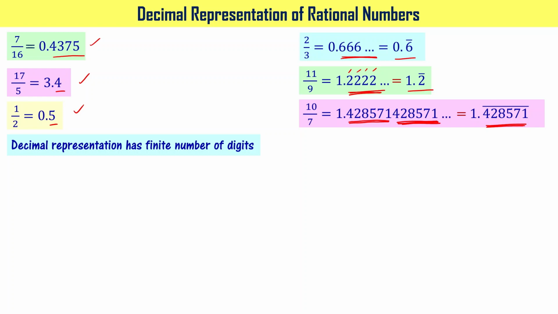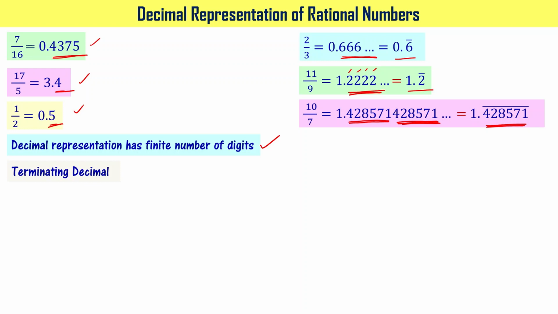But in the first case, we have seen that the decimal representation has only a finite number of digits. That's why these particular kinds of decimals are called terminating decimals, meaning the decimal expansion terminates at some point, right? It terminated after 4 digits, it terminated after 1 digit, it terminated after 1 digit, right?